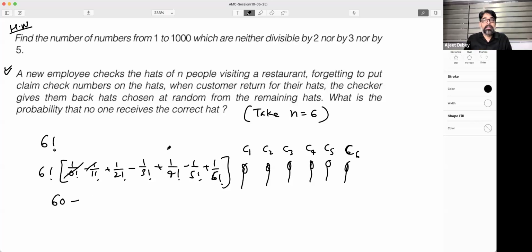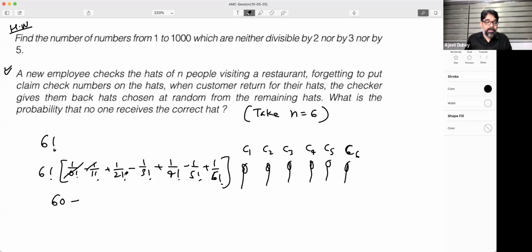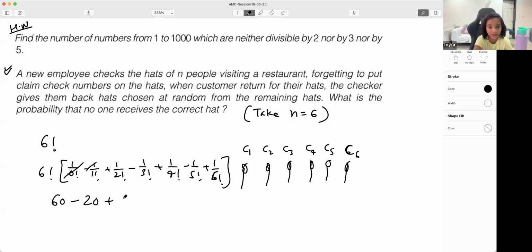6 factorial, this is 120 by 2 and minus 120 by 6, 20, plus 120 by 24.